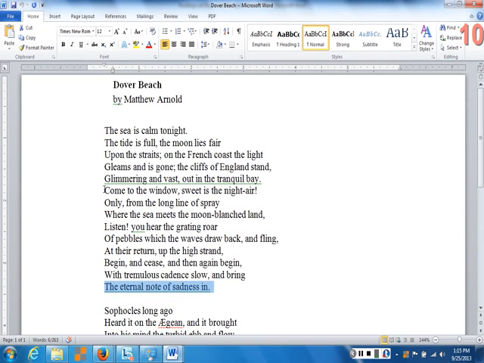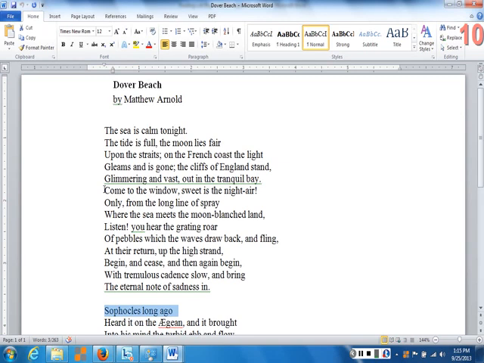But now we've got this abstract thing, sadness. The waves are bringing in an eternal note of sadness. So we say, oh, the subject is not just a description of the landscape, is it? The subject somehow is also including this idea of sadness. So we go on.